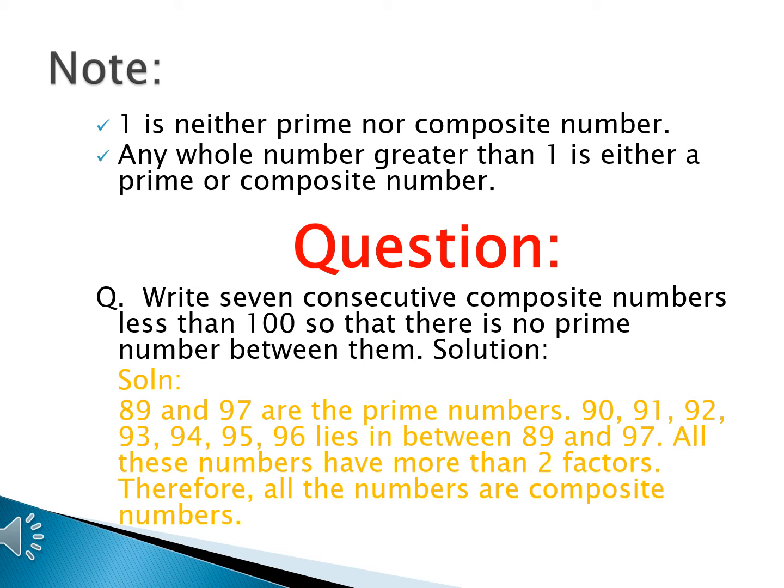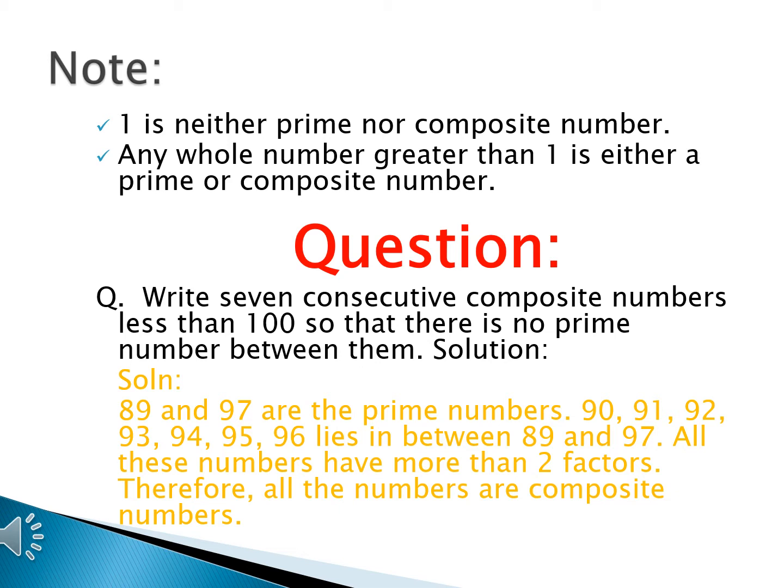Now try out a question. Write 7 consecutive composite numbers less than 100 so that there is no prime number between them. Consecutive means you should not skip the numbers in between.